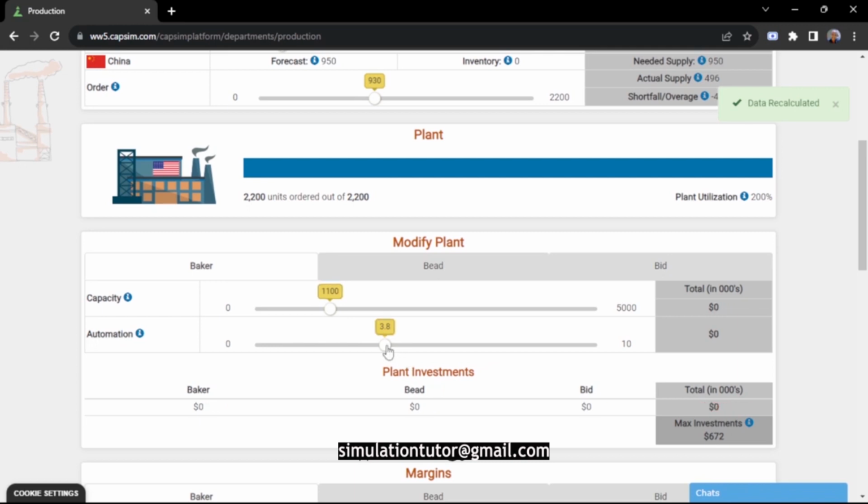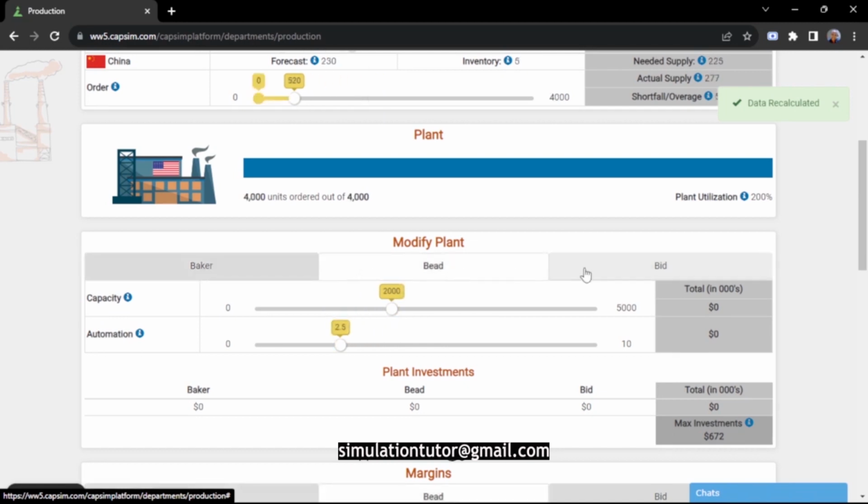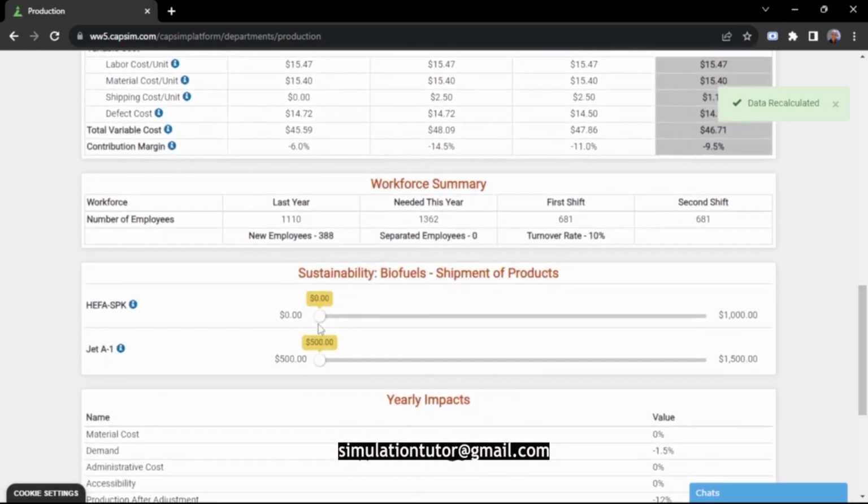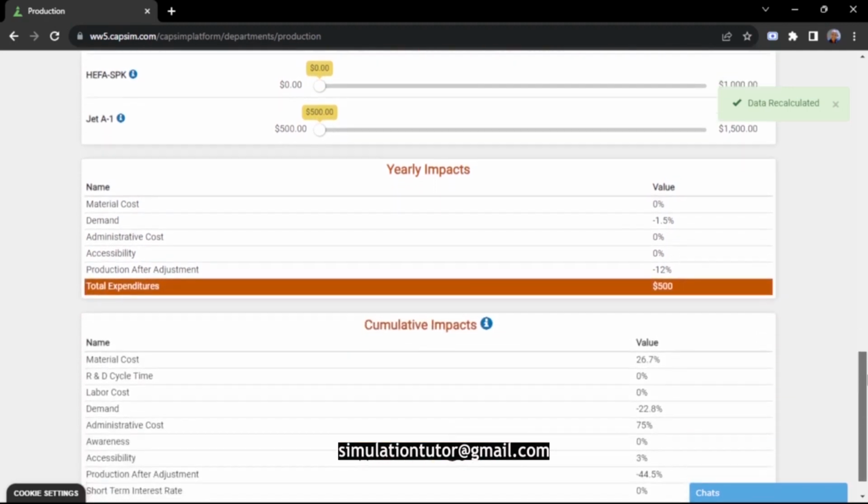Also for automation, if I increase it by something, we see that it's 440, and because I don't want to invest anything in this round, I'm just trying to minimize my expenses so that I can reduce my emergency loan and not invest in capacity or automation for all three products. So I'll not invest in anything there. Then also I'll not invest in sustainability, because I'm just trying to minimize my expenses.